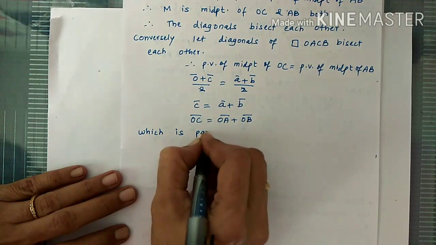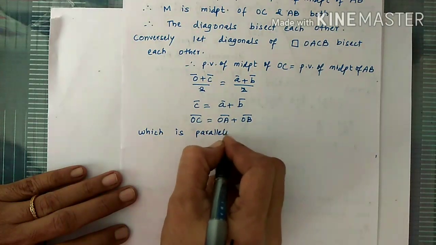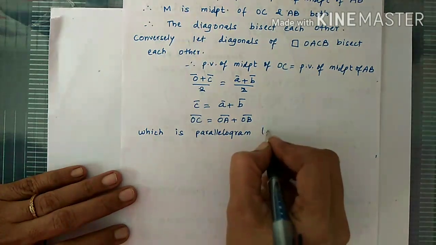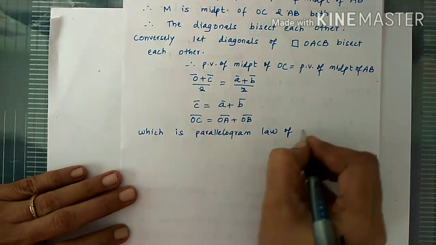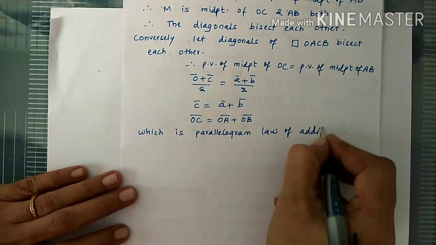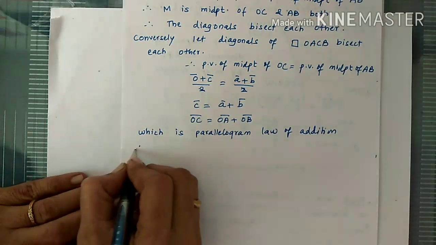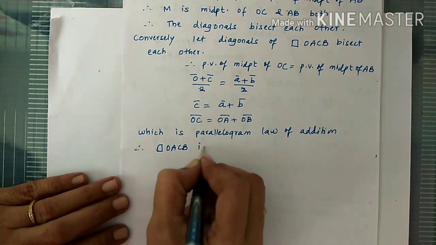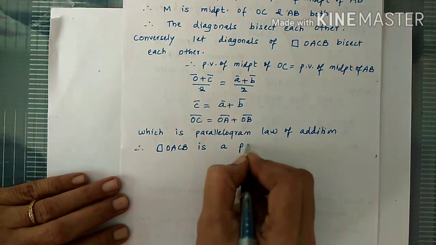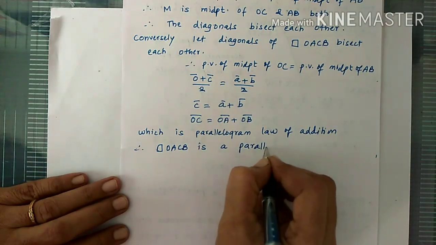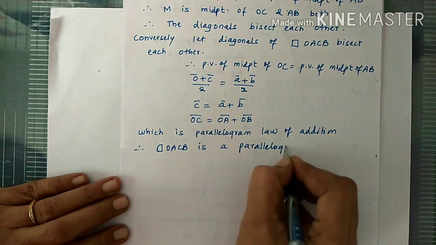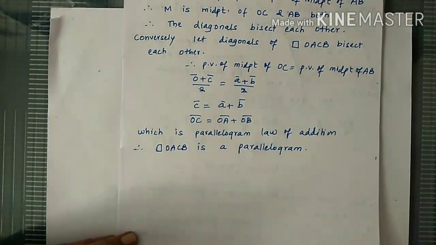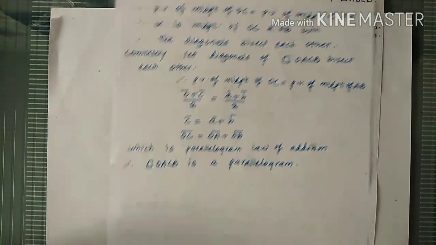That means the quadrilateral is a parallelogram. Therefore, quadrilateral OACB is a parallelogram. So using the property of parallelogram, we can prove this. This property can be proved using vectors.